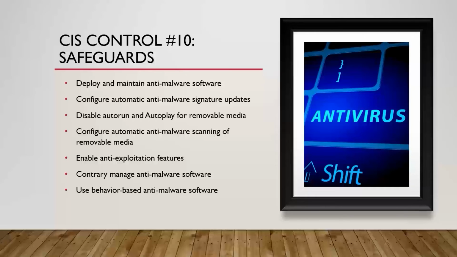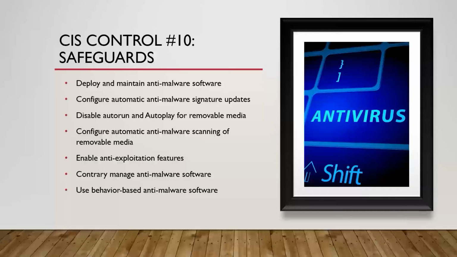Another safeguard is enabling anti-exploitation features. So there are some different features. For example, Windows Defender has Exploit Guard. Microsoft also has Data Execution Prevention, or DEP as they call it. Apple has SIP, which is System Integrity Protection. So essentially, if there are any anti-exploitation features available natively on the system or on the application, go ahead and enable those.